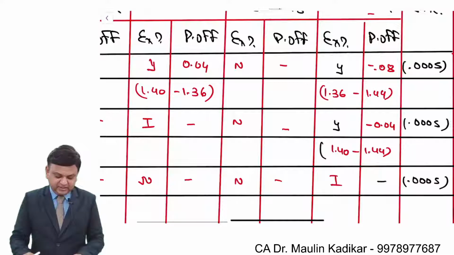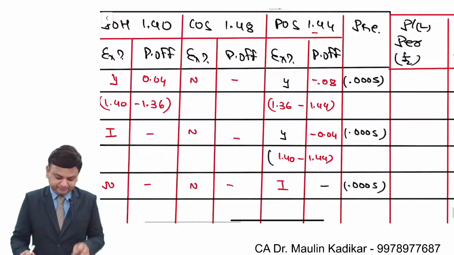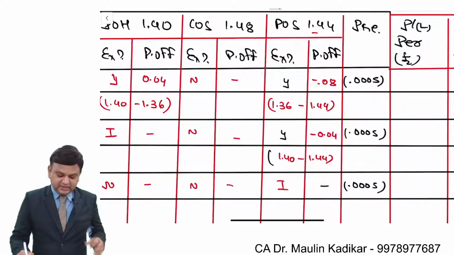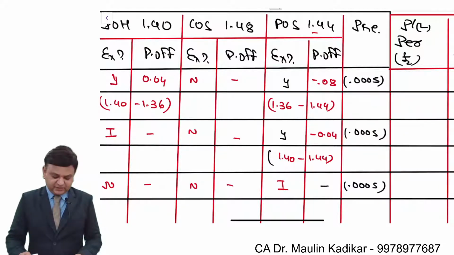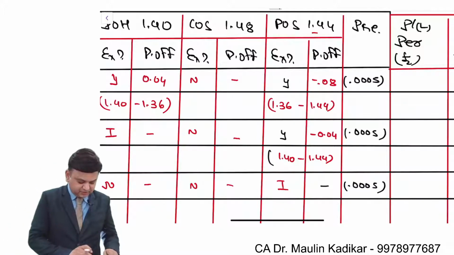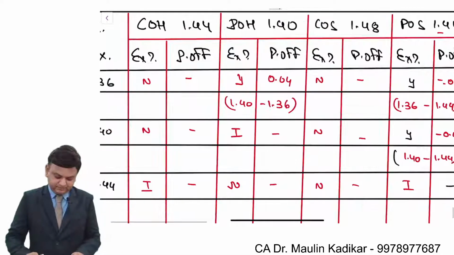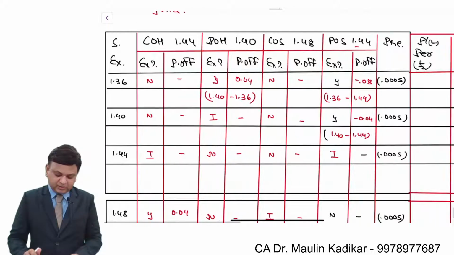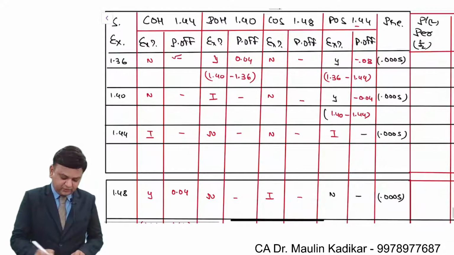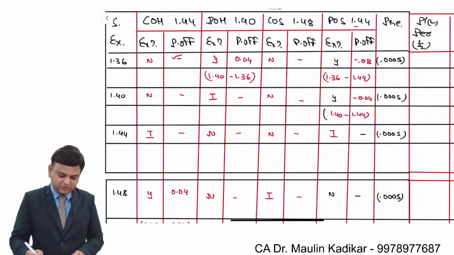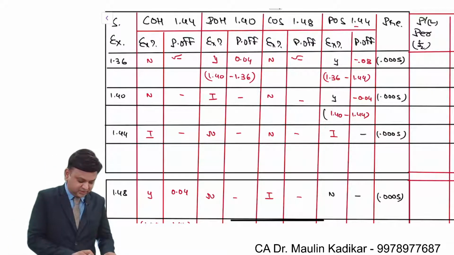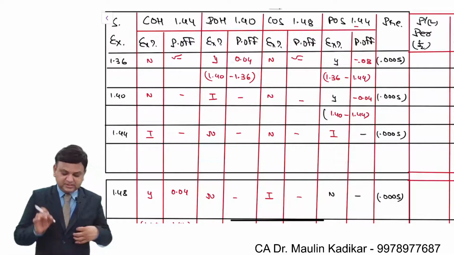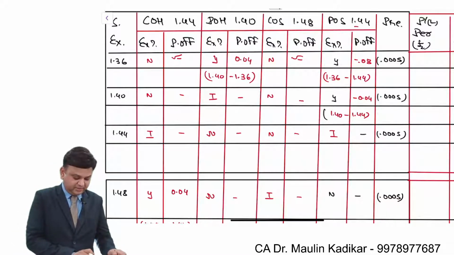Okay. So now finally what will happen? We understand like this. In the first case, it is positive payoff of 0.04 because over here you can see that there is no payoff. Over here it is 0.04 plus 0 minus 0.08. That is negative 0.04 minus 0.0005.